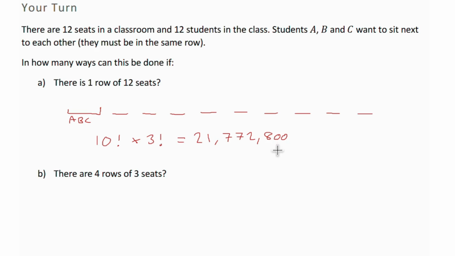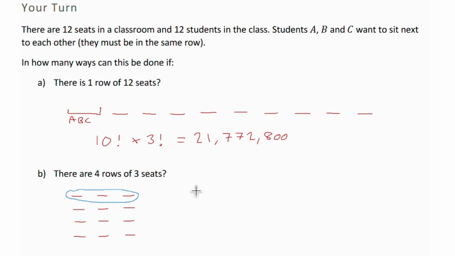But now let's think about what happens if those 12 seats weren't in a single row. What if it was 4 rows of 3 seats? So we have 1, 2, 3, 1, 2, 3, 1, 2, 3, 1, 2, 3. 4 rows of 3 seats. So what could happen now? Well, first of all, let's just assume that A, B, C are going to be in this row, and we'll deal with the other options later.